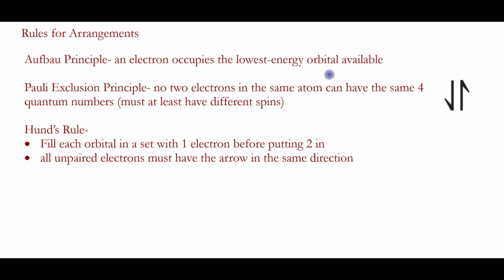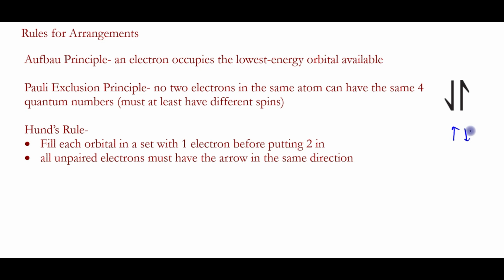So it can have the principal quantum number, it can have the orbital, it can have the orientation, but it has to have different spins, and oftentimes that is shown by the arrows pointing 2 different ways. Depending on what you like, you can do it that way as well.